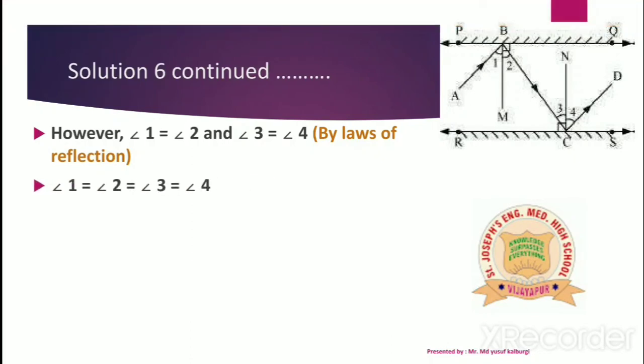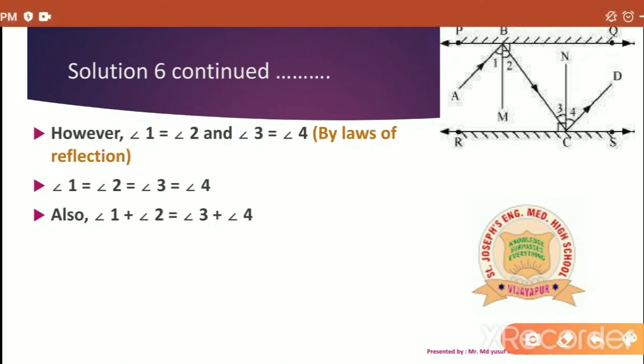So I will write angle 1 equal to angle 2 equal to angle 3 equal to angle 4. Also, when we have equal angles, we can say that when equals are added to equals, their sums are also equal. So can I write angle 1 plus angle 2 is equal to angle 3 plus angle 4? Yes. When I add angle 1 plus angle 2, I get angle ABC, right?